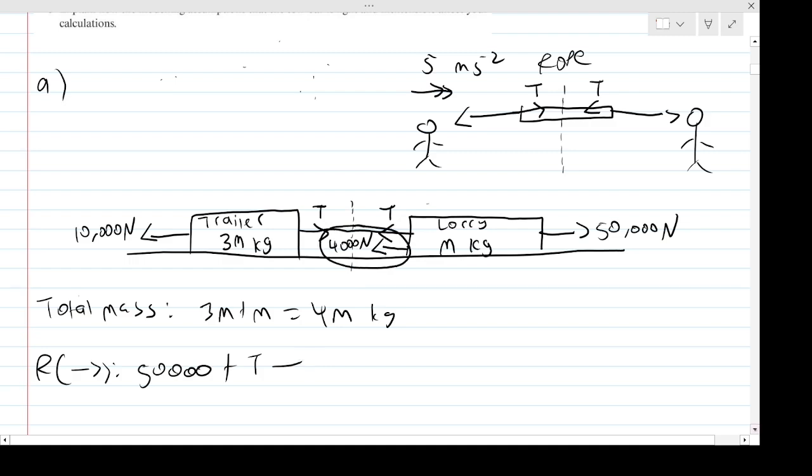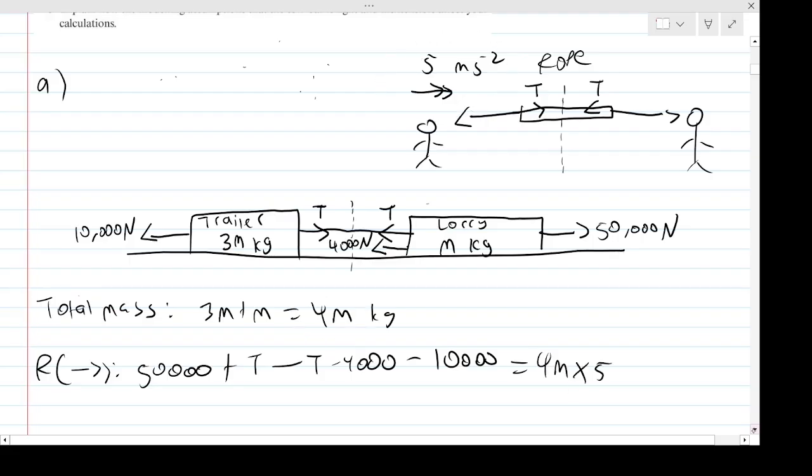And we also have this 10,000 resistance from the trailer to the left as well, so take away 10,000. And that equals mass times acceleration, MA. The mass is the total mass, because we're considering it together, which is 4m. So 4m times the acceleration. The acceleration is 5.